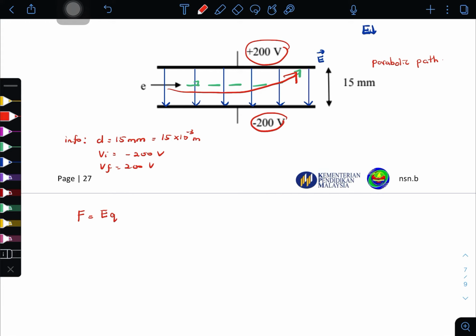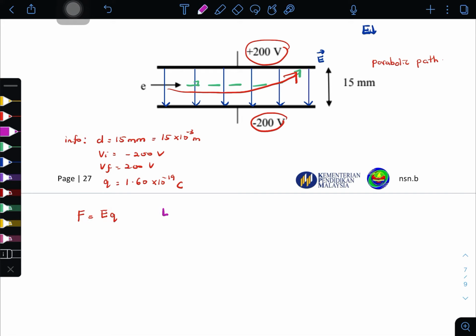Then we know it is electron, so electron charge ni ialah 1.6 exponent negative 19 coulomb. So kita tahu kita nak cari F, but we already have Q, kita tak tahu E berapa.